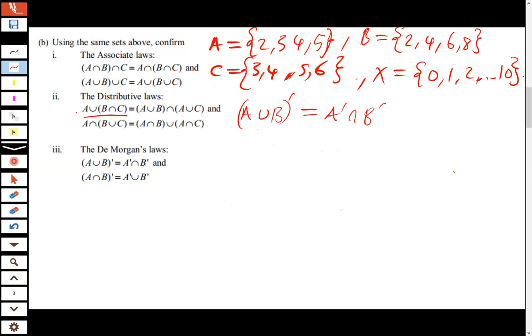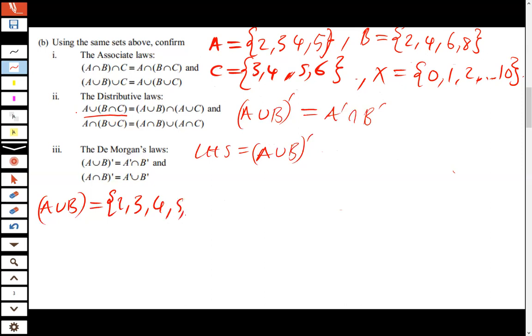When we take the left-hand side, which is the complement of A union B, let us first find A union B. A union B will simply be the combination of A and B, which is 2, 3, 4, 5, 6, 8. We don't have 7, and then we have 8 there.